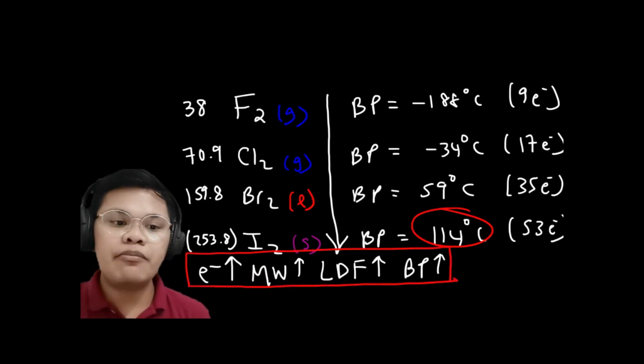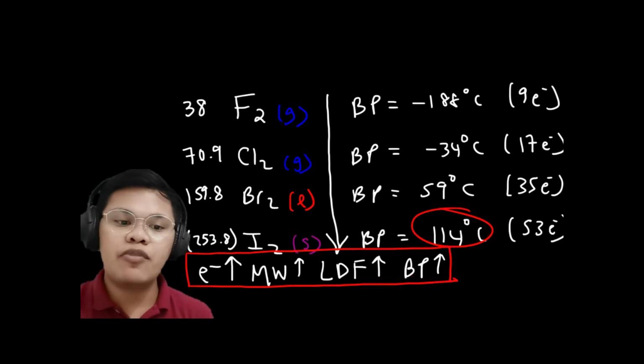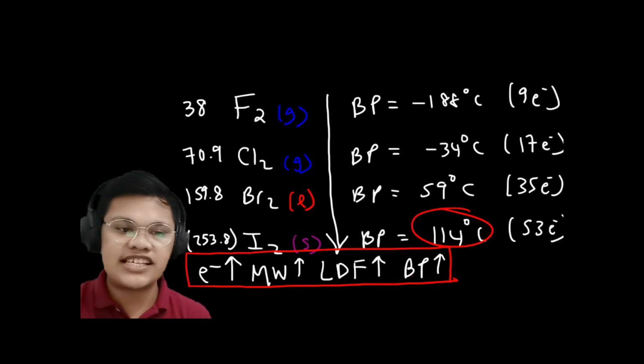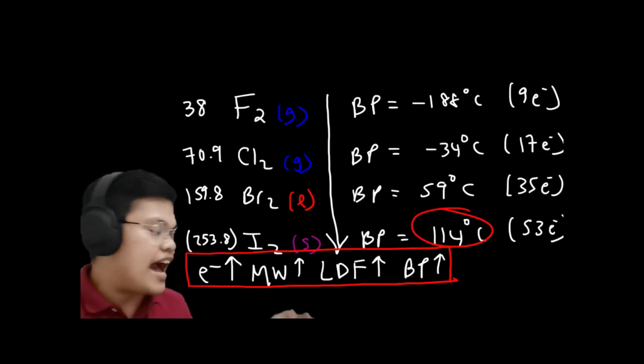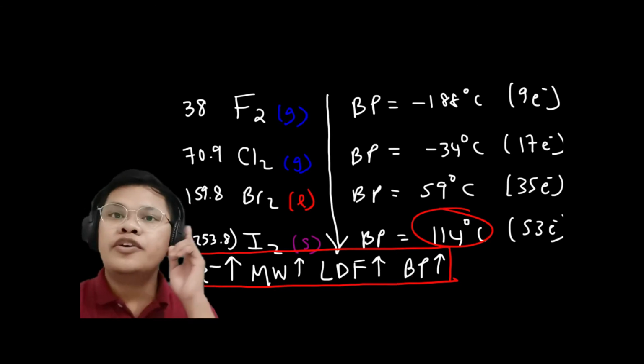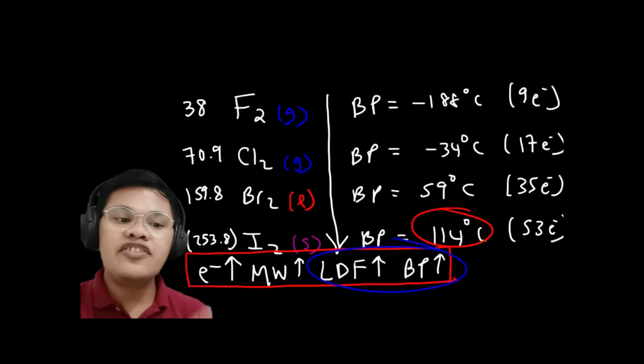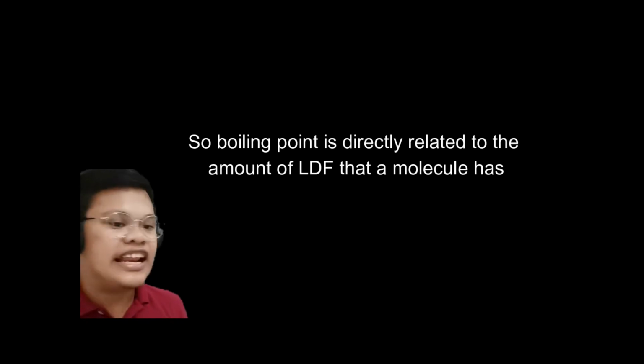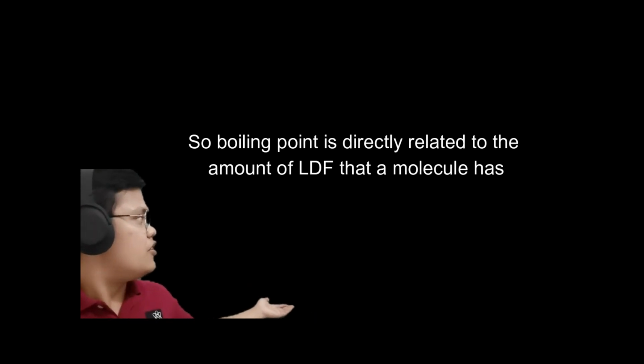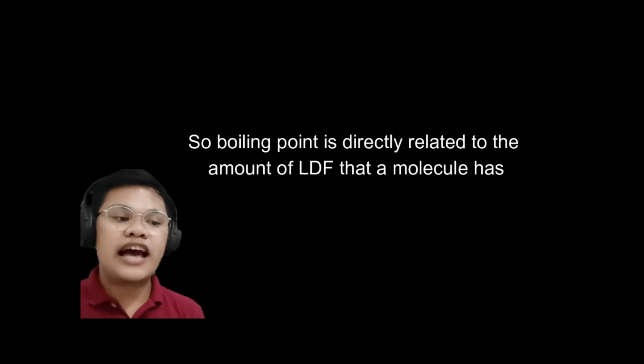So molecules with more electrons or higher molar mass tend to have more van der Waals forces, and thus they will have a higher boiling point. Make sure you understand this relationship. Boiling point is directly related to the amount of London dispersion that a molecule has.